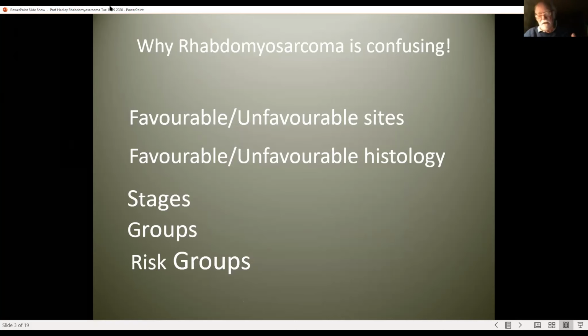And the reason for this confusion is historical. Although rhabdomyosarcoma was first described in the mid-19th century, in fact, just a year or two after Scarpa died, it didn't actually attract serious attention until the late 1940s, early 1950s, when it became an object of interest to researchers.